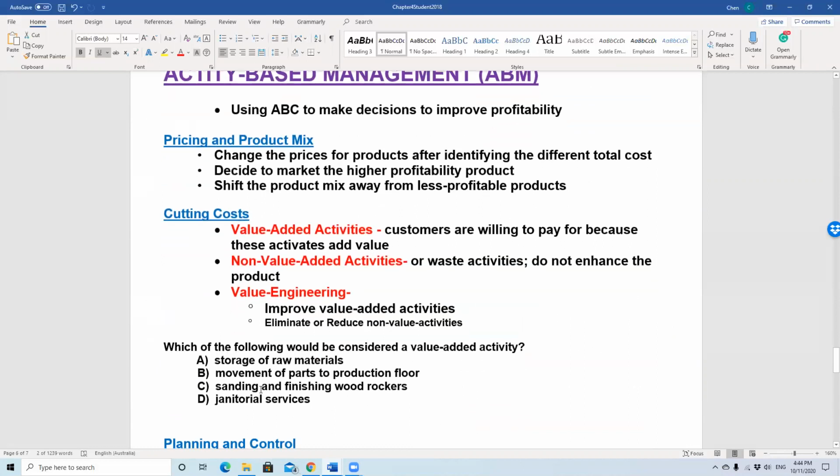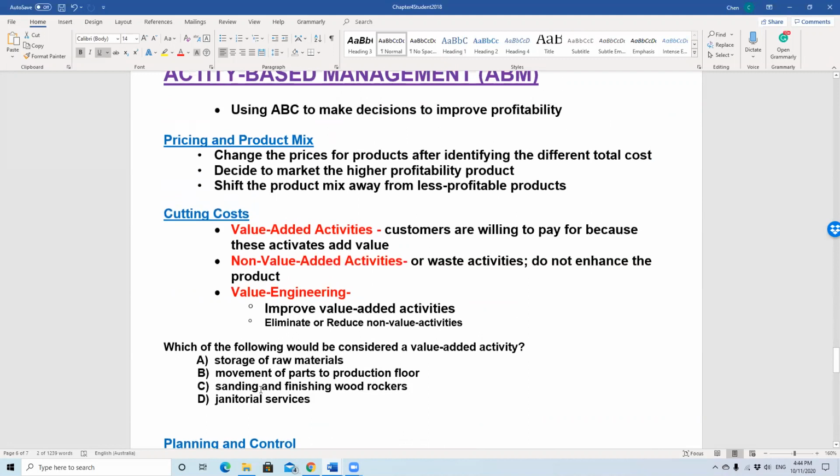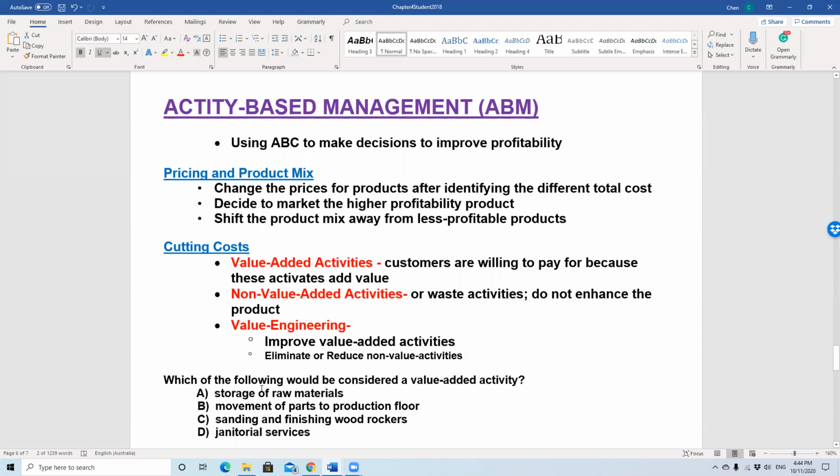Activity-based management. You use activity-based management to make decisions to improve your profitability. It can help you with pricing and product mix. You change the price for products after identifying different total costs, because some costs look the same, as in our prior example.